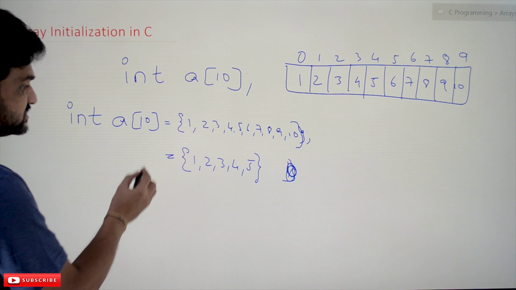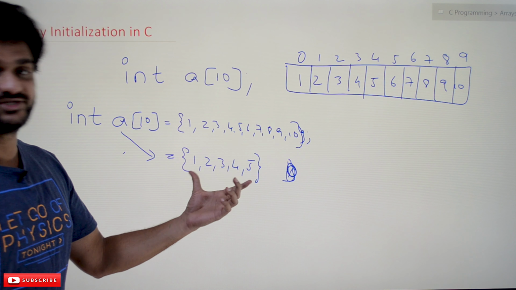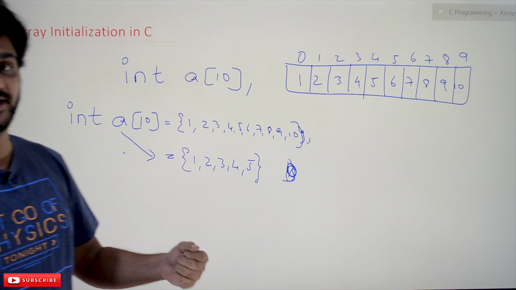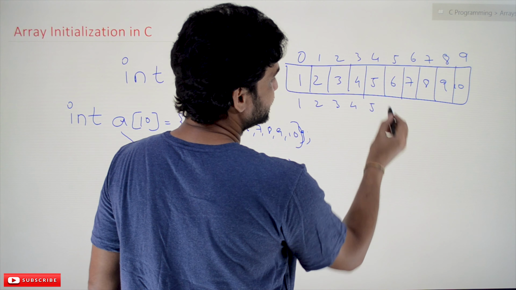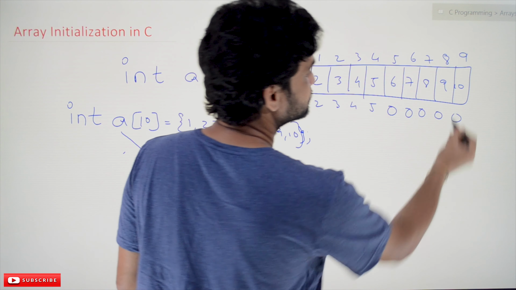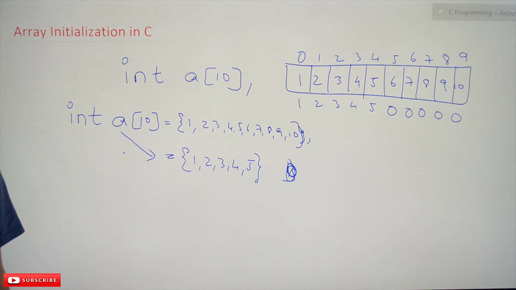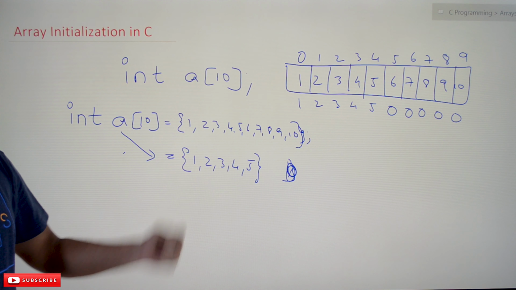With the same array A of 10, we have initialized it in this way. What happens is 1, 2, 3, 4, 5 will get stored, and after that the remaining elements will be stored with zeros.